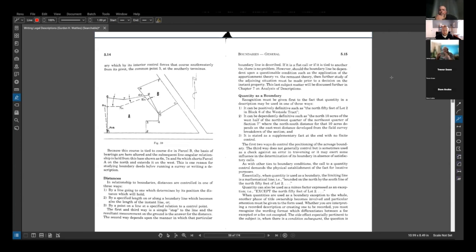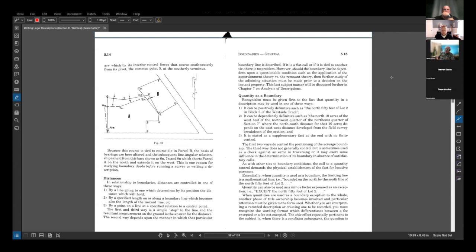Now, one of the things that in this example Wattles gave us was that we have a mathematical closure with bearings and distances. This table of bearings and distances is descriptive in nature. What I mean by that is that they describe a shape and size of the property being considered.